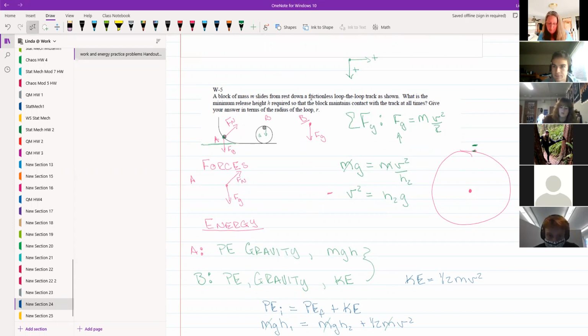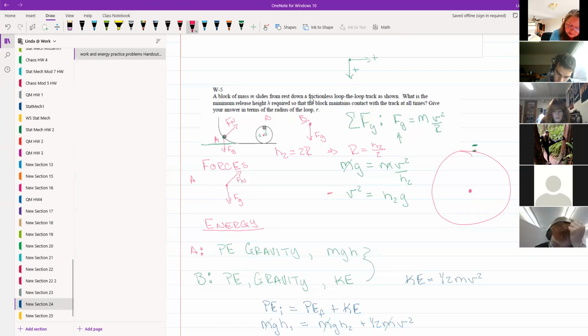Oh, thank you. Yes. Woo, good catch. Yeah, I made a mistake there. All right, so let's go back. So here is the radius and the height is, so H2 equals 2R. Or what we want is R equals H2 divided by 2.